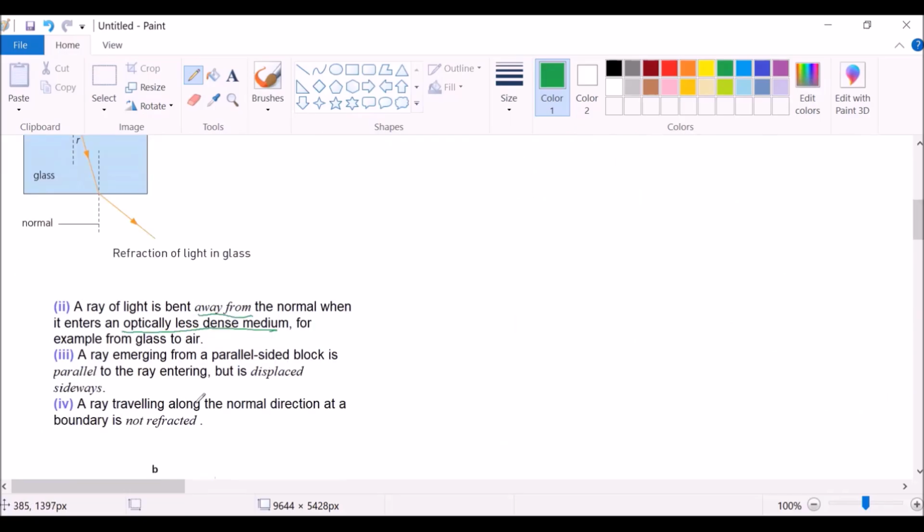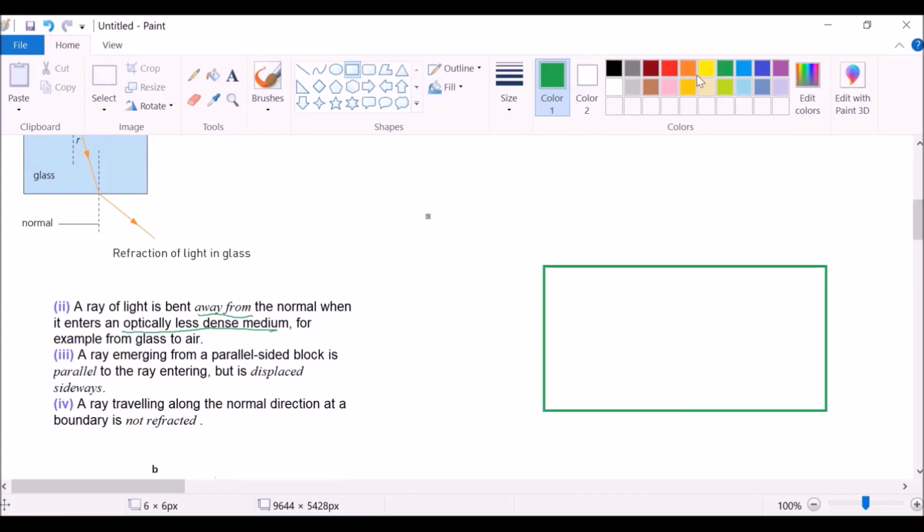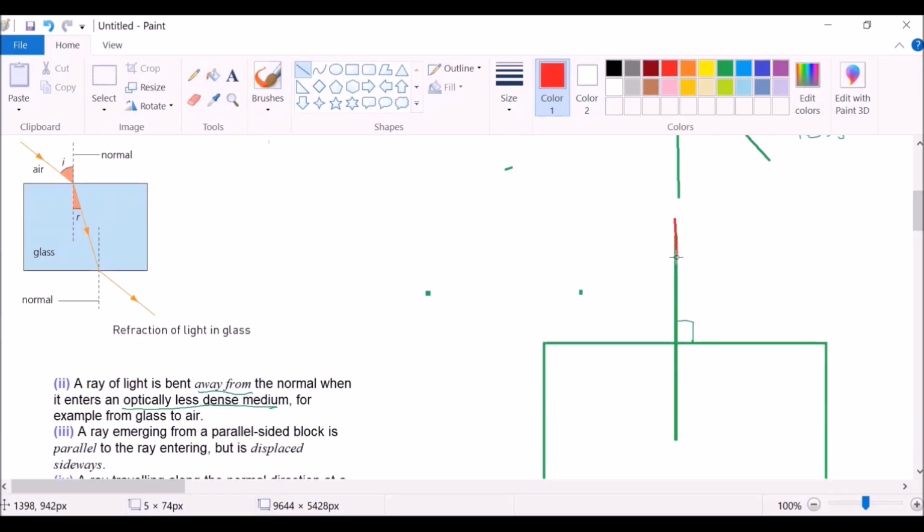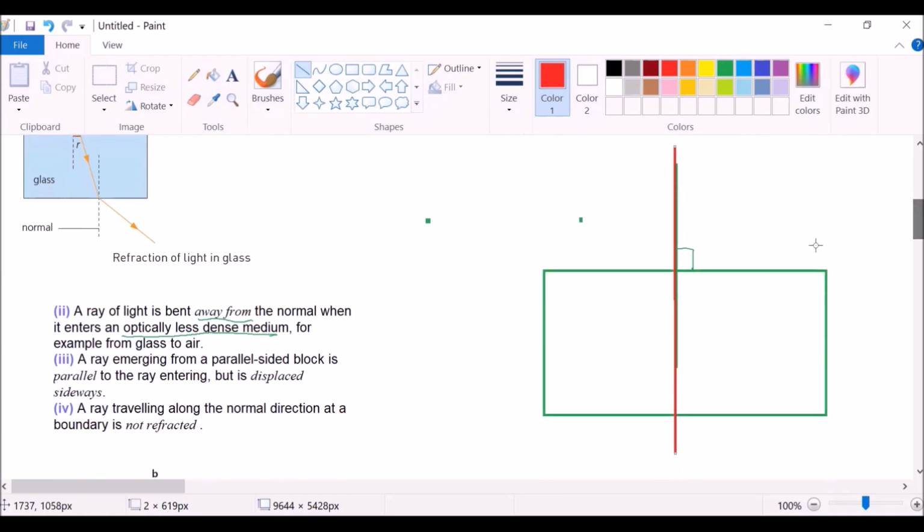A ray traveling along the normal direction at a boundary is not refracted. So if we have a ray and we have our normal there, if we have a ray traveling along the normal, or perpendicular to the surface, a wave coming in there is not refracted, it is not bent, it goes straight through.